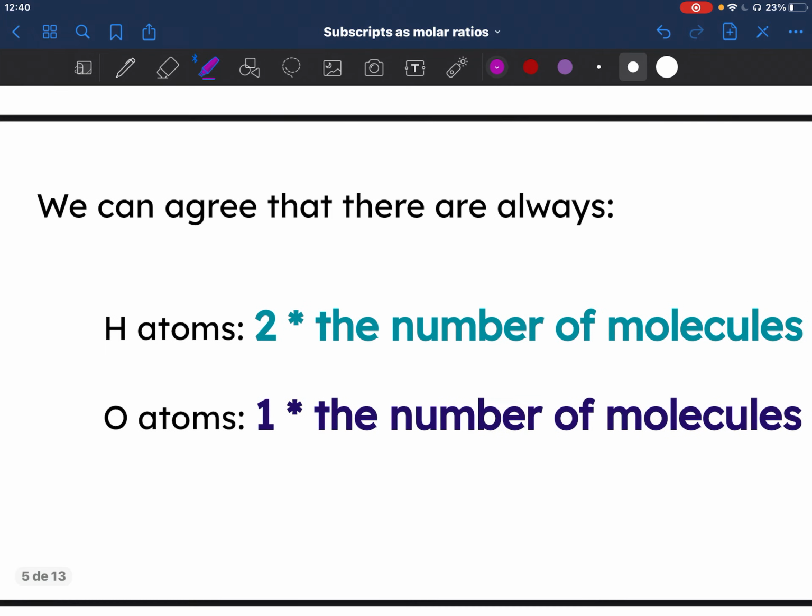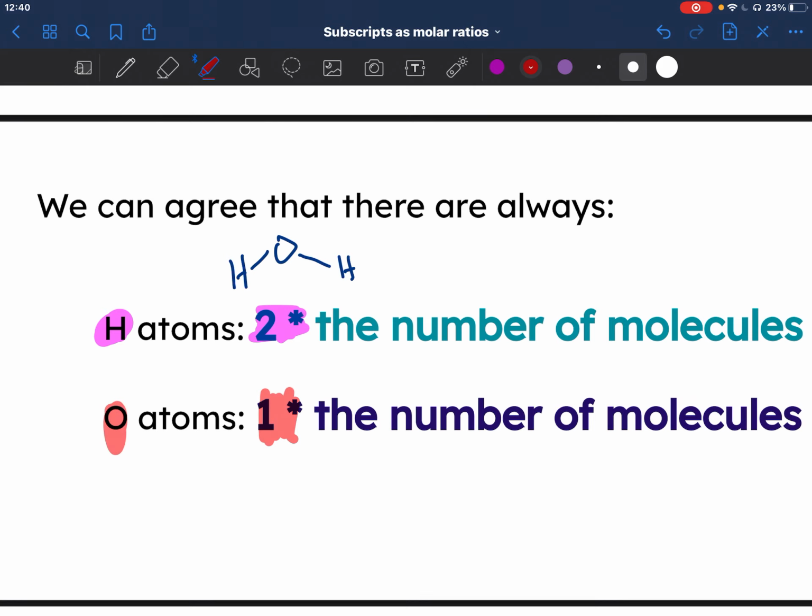So we can agree that for water, there's always 2 times the number of molecules for hydrogen atoms and 1 times the number of molecules for oxygen atoms.